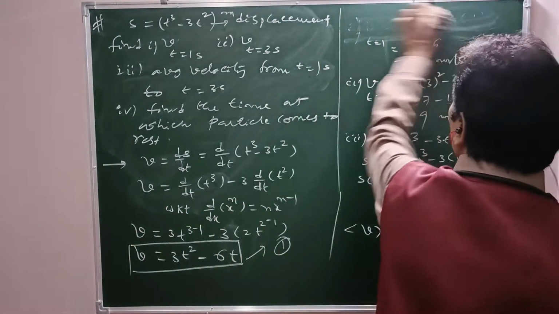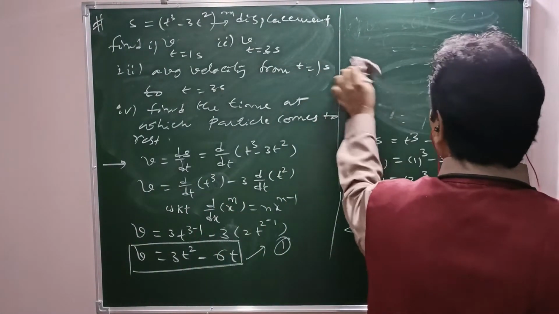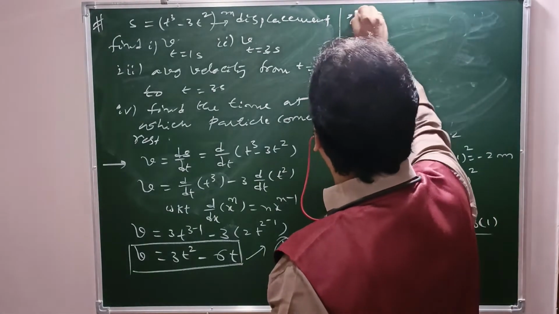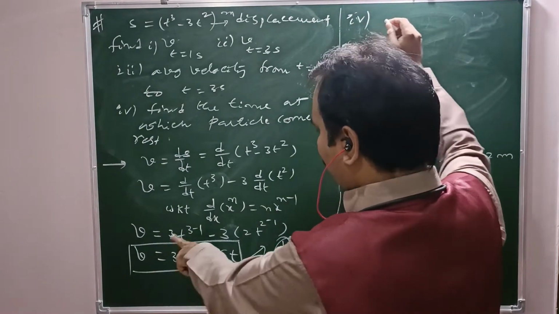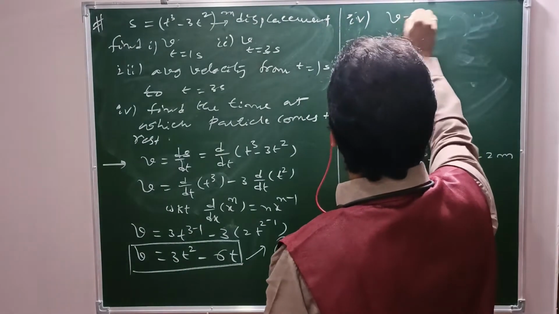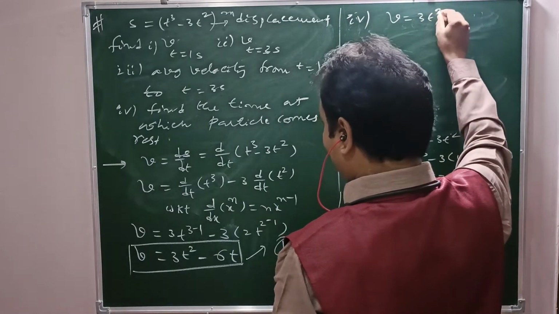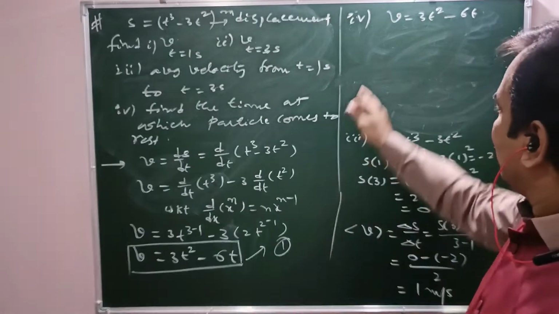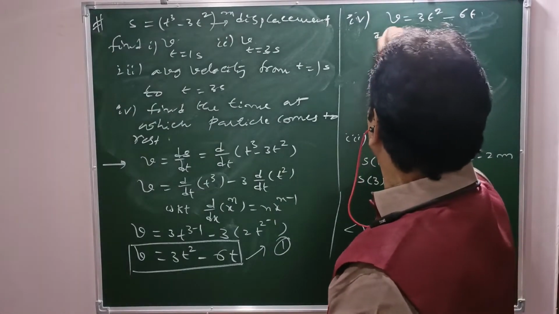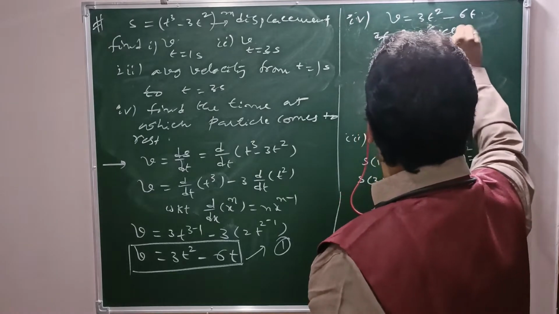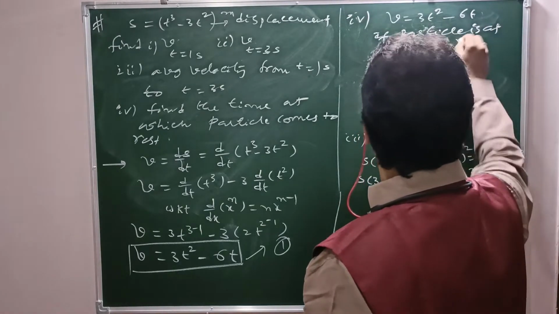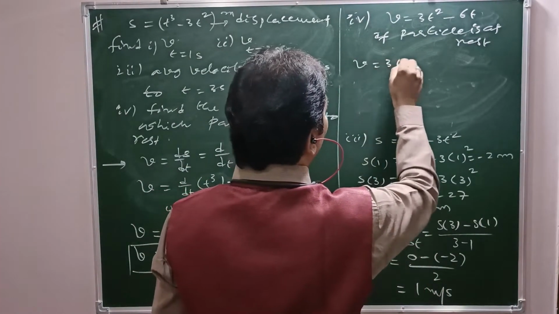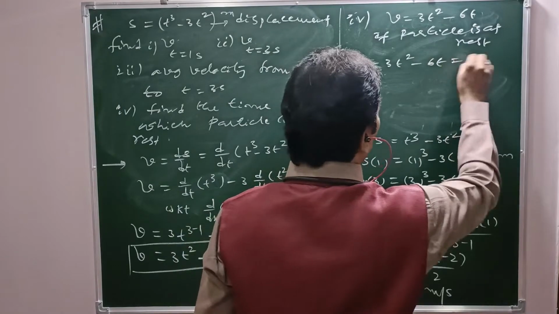Therefore, coming to the fourth point. What is the expression for velocity? V equals 3t square minus 6t. If the particle is at rest, the velocity is 0. So V equals 3t square minus 6t equals 0.